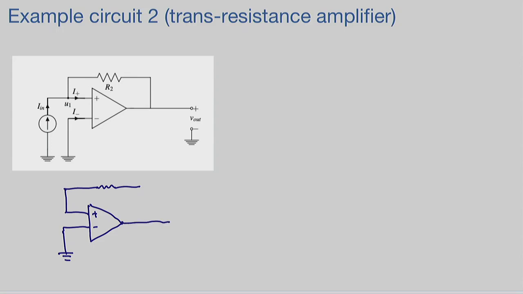And then here I have V out and the ground. And R. I will label my nodes here. This is going to be U1 and this is going to be U2.